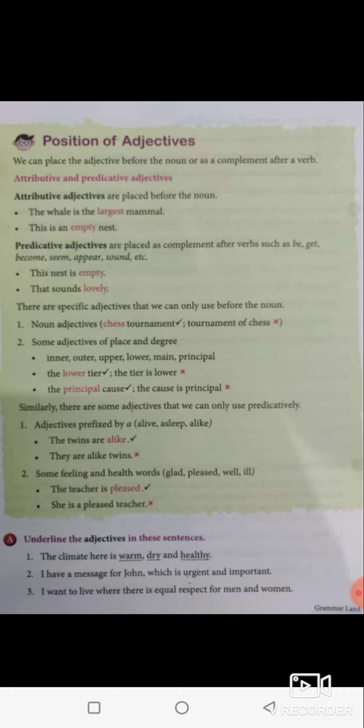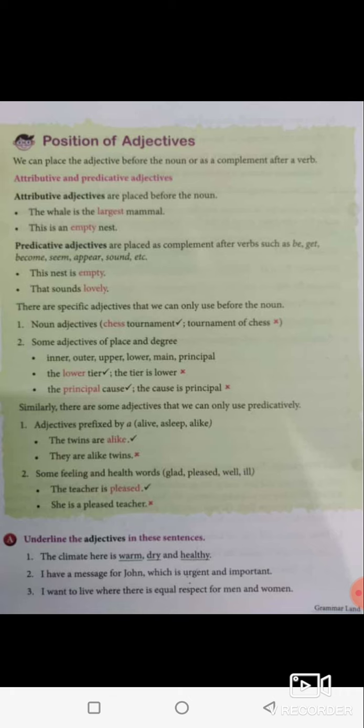It is a plus like, alike, so it is prefixed. When you add a word or two before a word and join them together, it makes another word. So a plus like is equal to alike. The twins are alike. Alike is here an adjective prefixed.